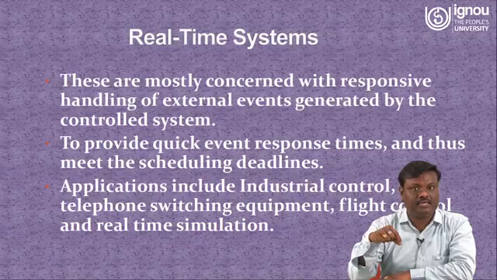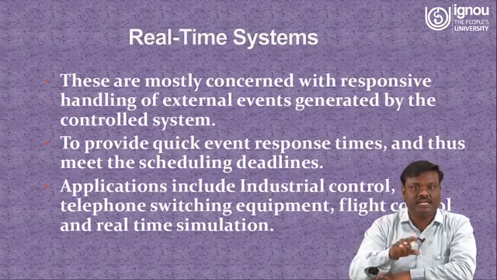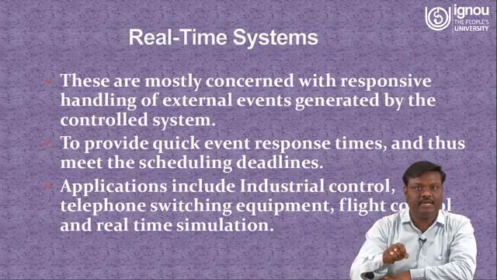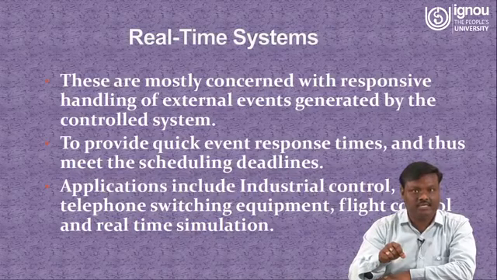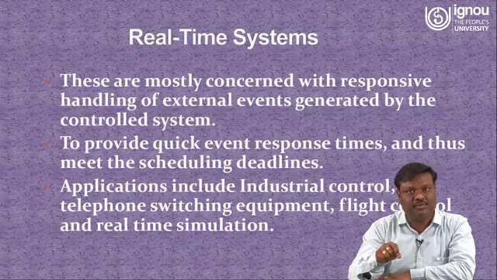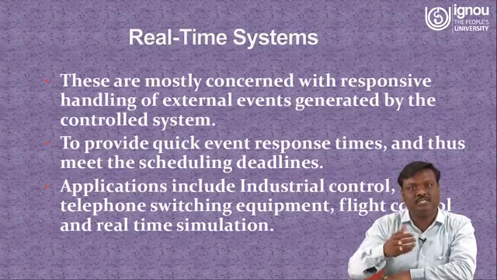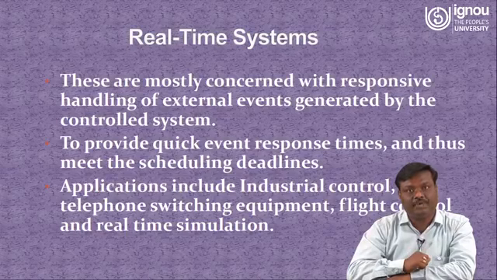Take the case of industrial control, wherein immediately something should happen whenever a trigger or an event happens. Immediately it should take prompt action depending upon the events appearing, and switch on to the event handling.